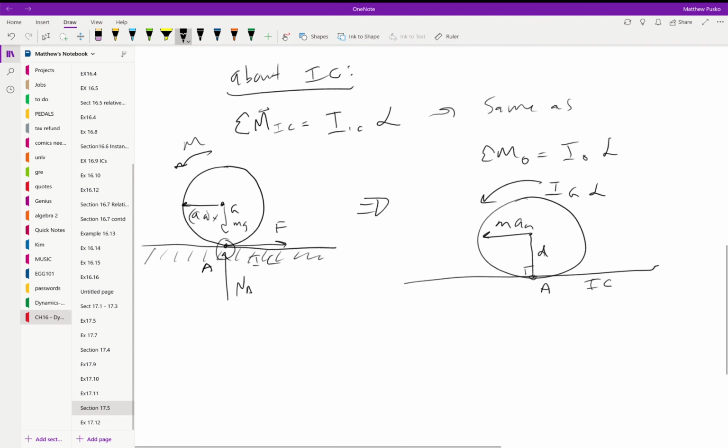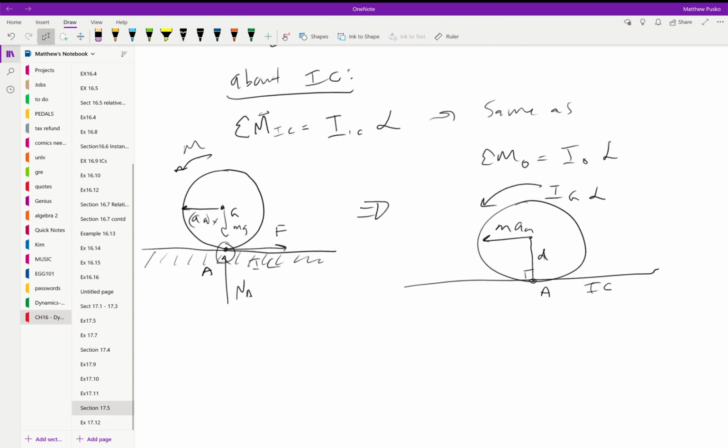Okay, so we have two choices in this case. If summed about G, we would just do the summation of the moments about G is equal to IG alpha.